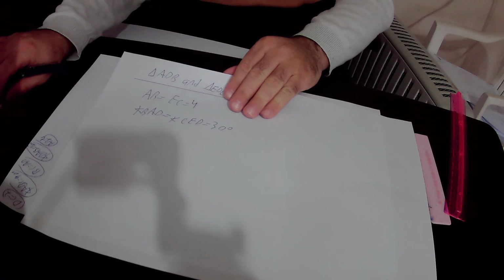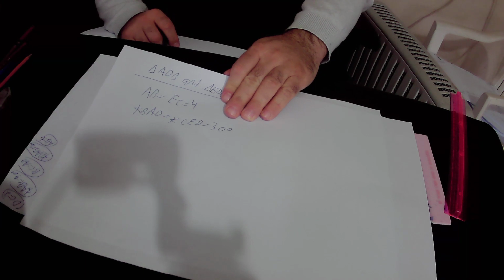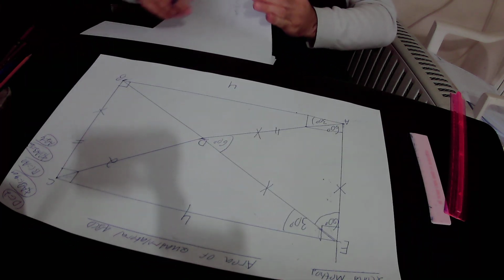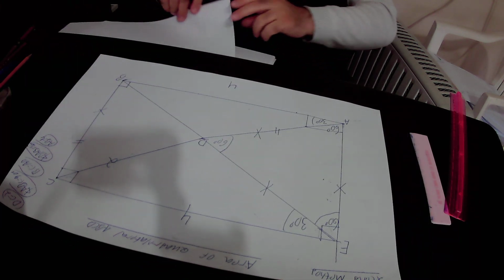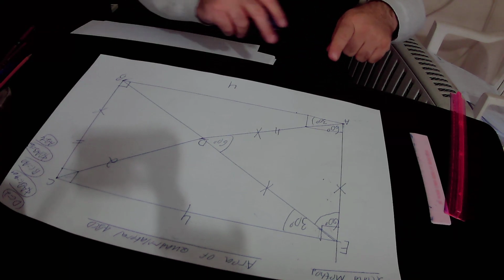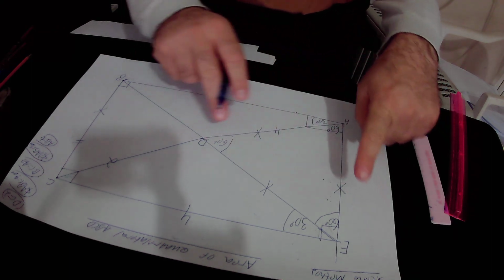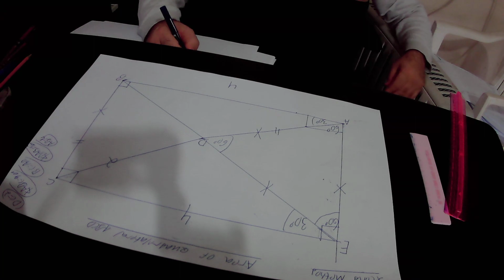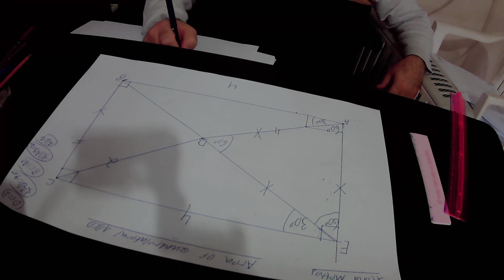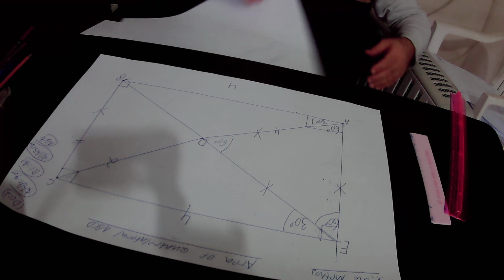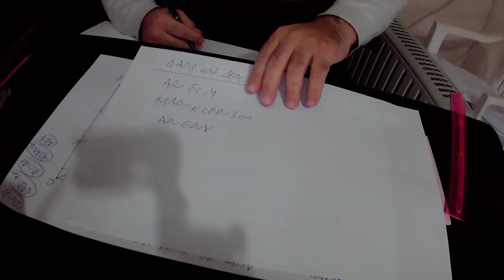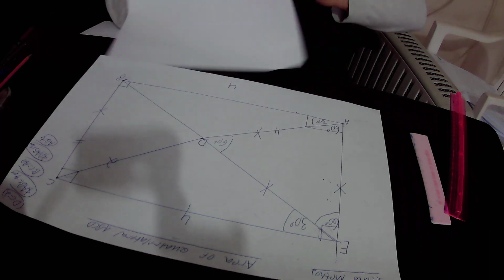I will repeat again: angle BAD equals angle CED equals 30 degrees. And we also know that AD equals ED equals x.